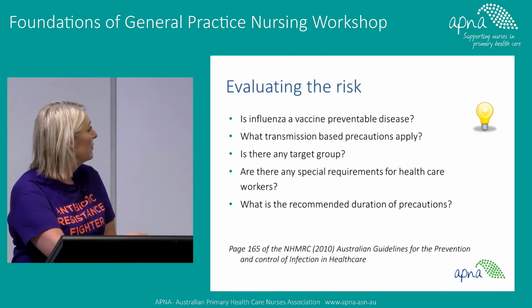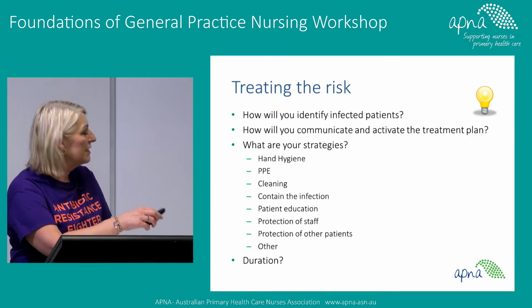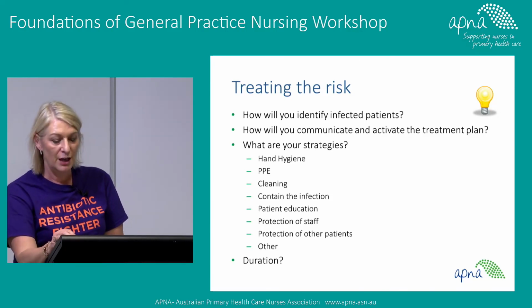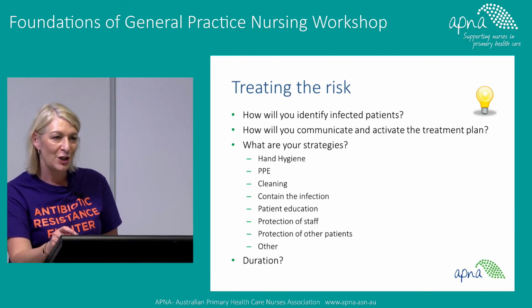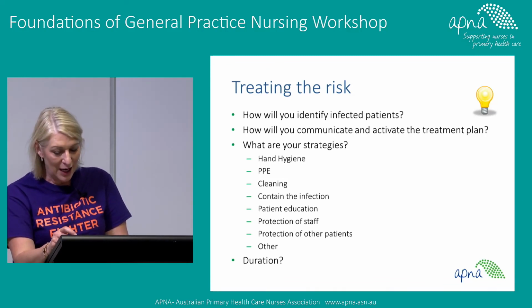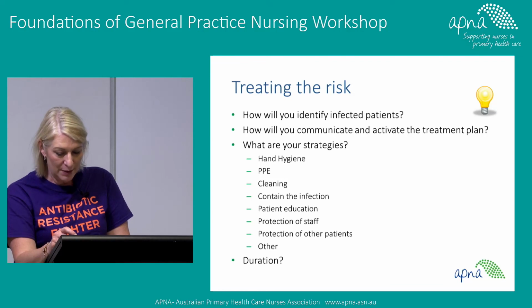The next stage of this risk evaluation is to look at, given what we know, how we are going to treat it. What are we going to do in our medical service to make this safe? So have a discussion about how you're going to treat it.